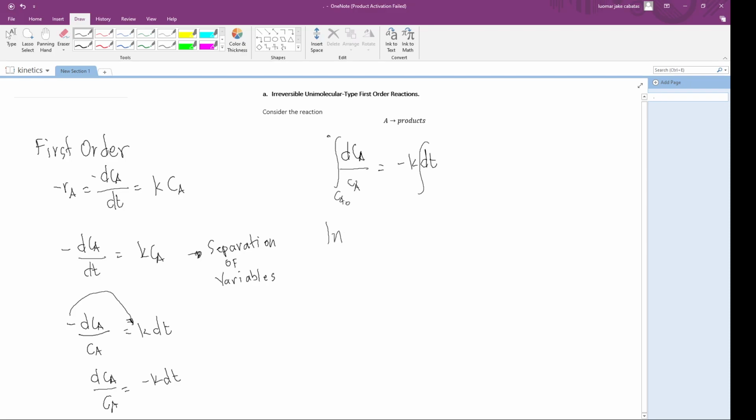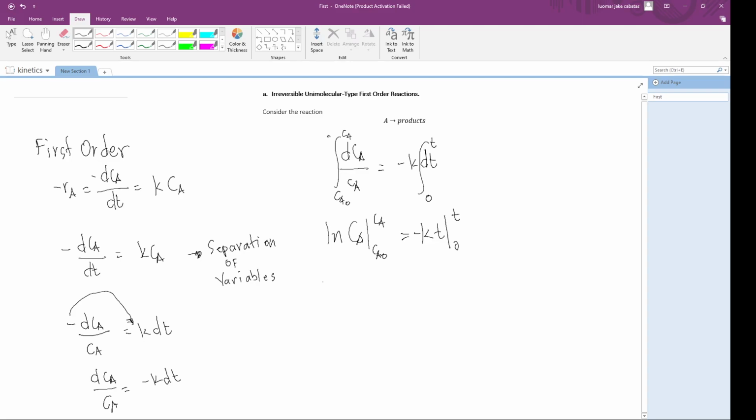The limits are CA0 at the start of the reaction to CA at any time t for this side. So ln of CA over CA0 is equals to negative k times t, limits from 0 to t.